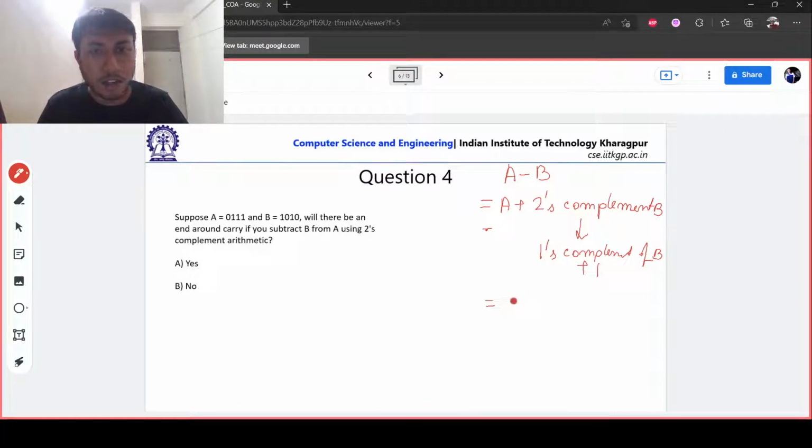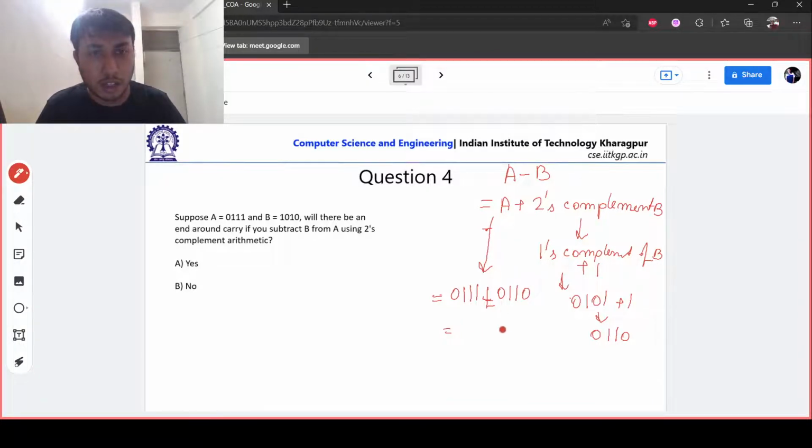So the 1's complement of B is 0101, plus 1, which is basically 0110. So we add 0111 plus 0110.